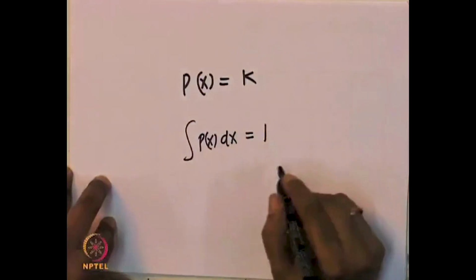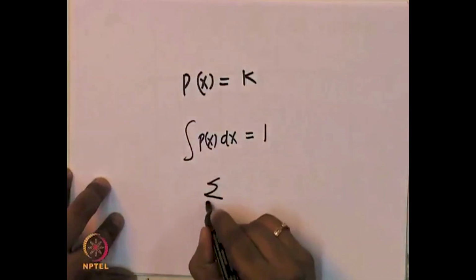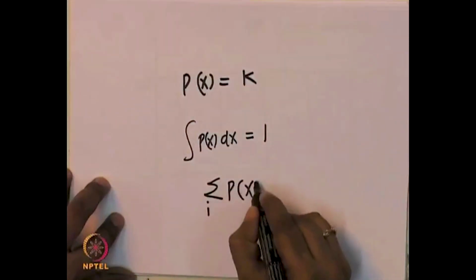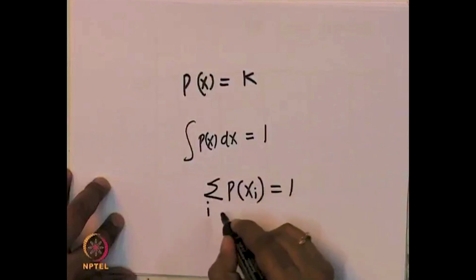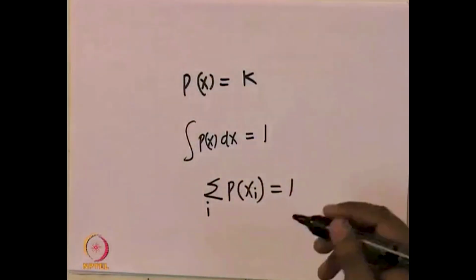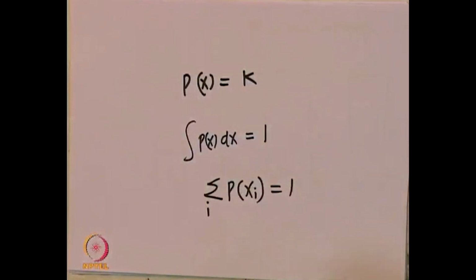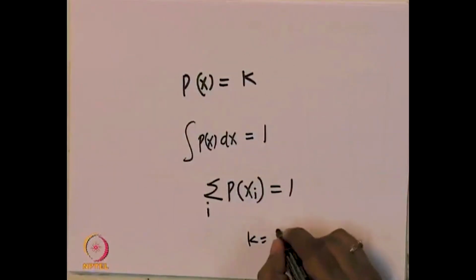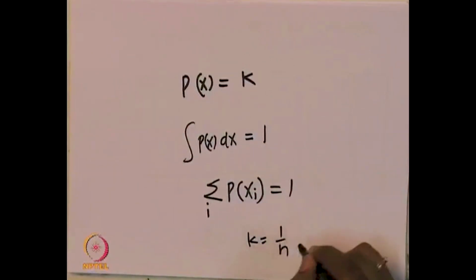So, the total number of probabilities, or sum over i of p of x i, has to be 1. Using this condition, you will find that if there are n events, k is 1 by n. If there are n events, k is 1 by n.